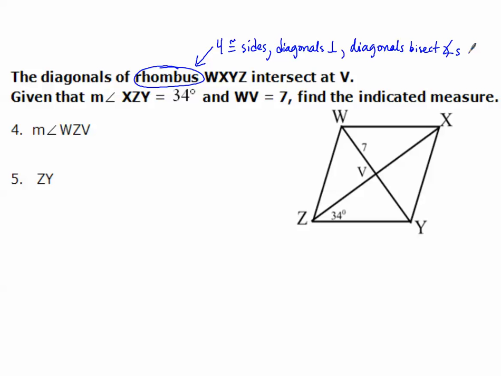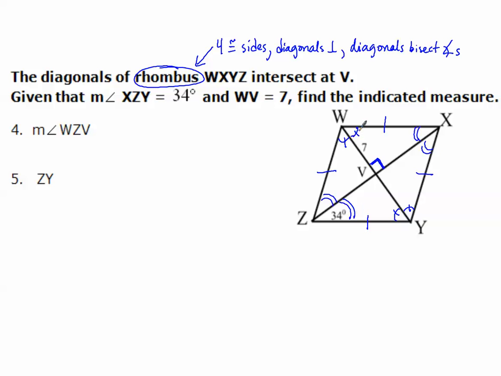So I'm going to draw that in my picture. Those are congruent to those, and those are congruent with those. That's going to help me immensely without having to do too much work.